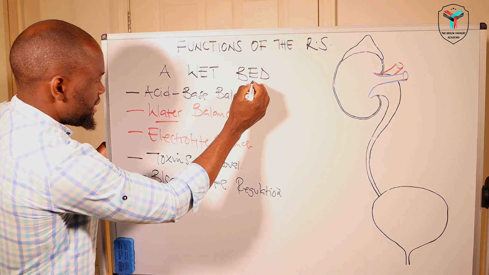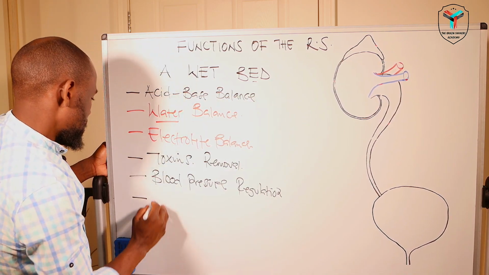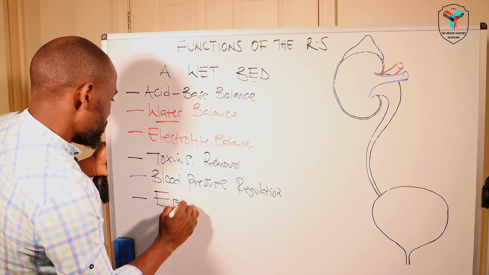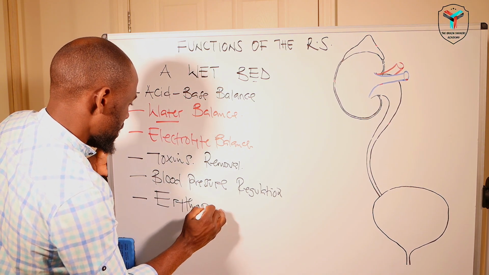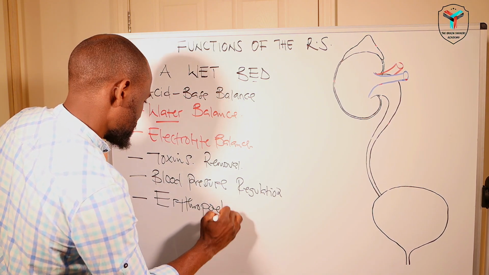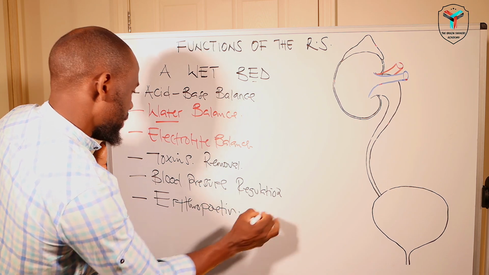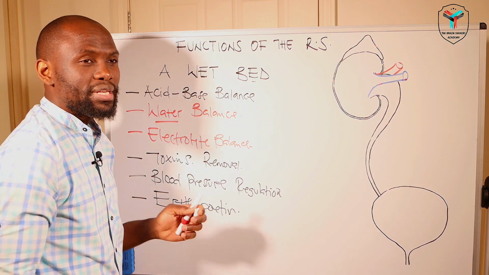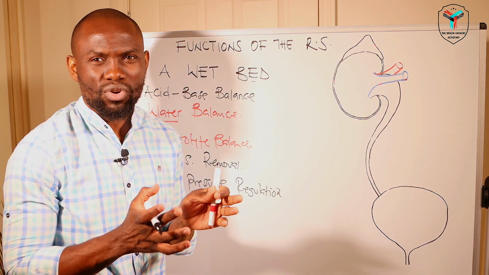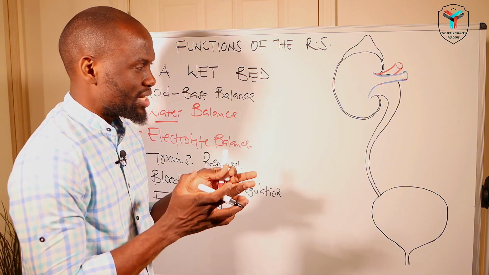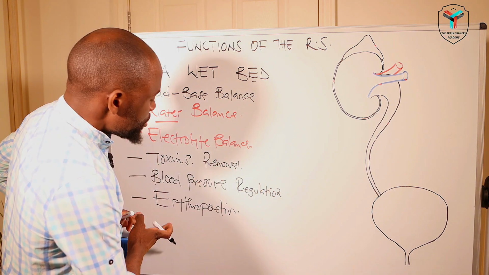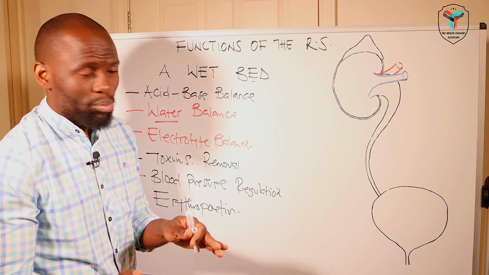Then we have another E here, which is erythropoietin production. Erythropoietin is a hormone that is important in the process of blood cell production, especially the red blood cells, through the process of erythropoiesis.